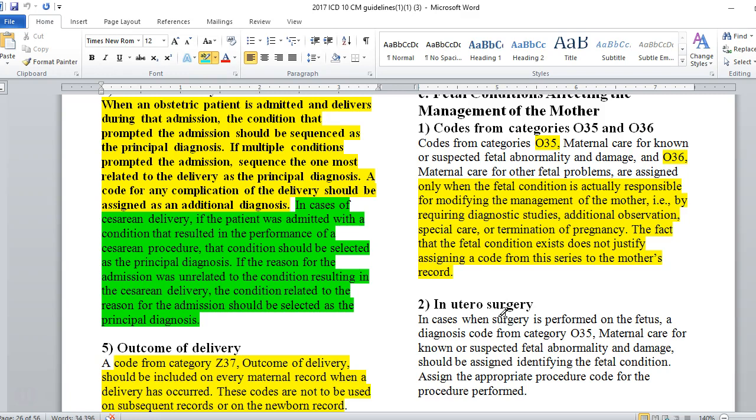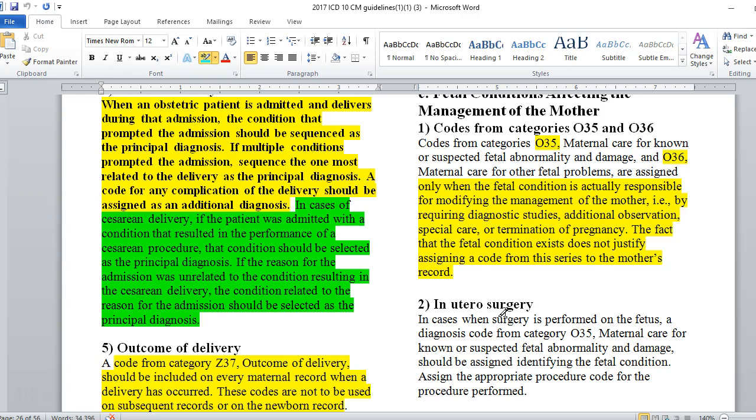The fact that the fetal condition exists does not justify assigning a code from the series to the mother's record. So, for instance, if we find out from the amniocentesis or the blood test that the child will have Down syndrome, that does not affect the way that they manage the mother's care.